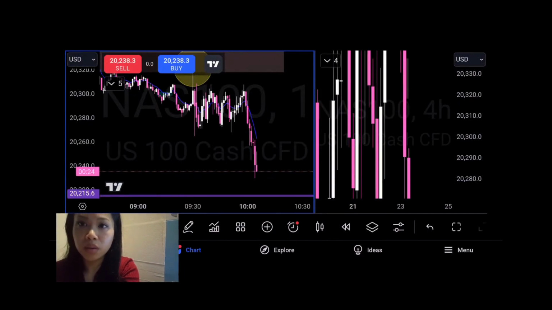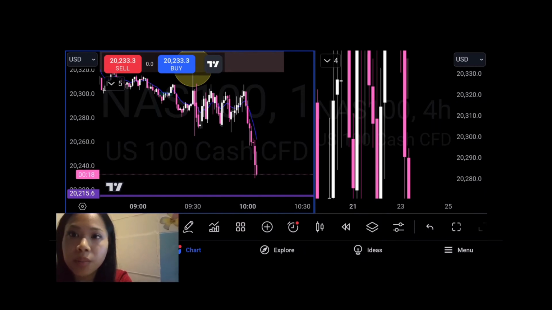I've modified my order and I will be exiting at that purple line.